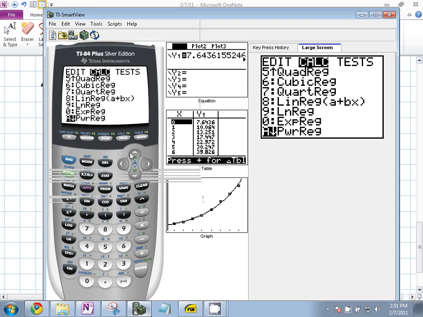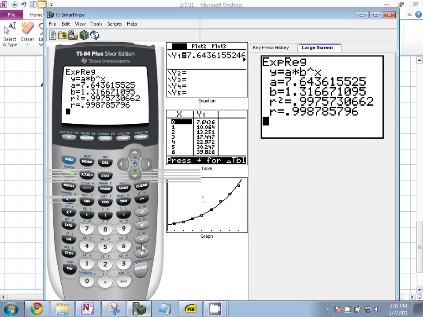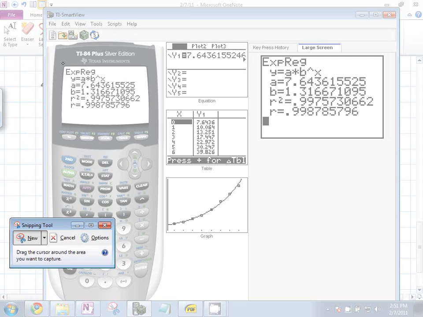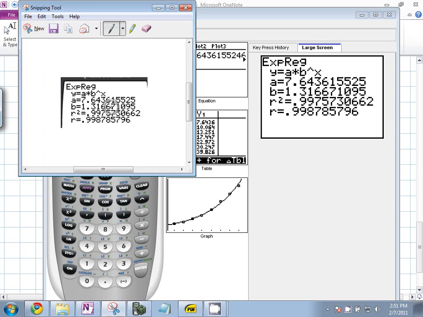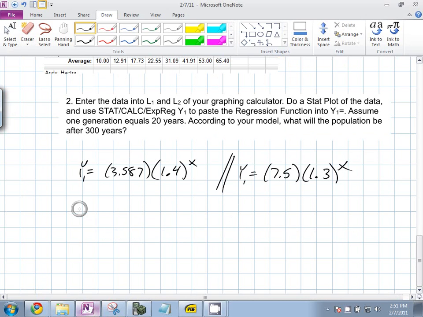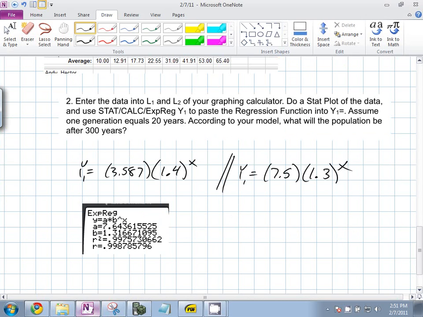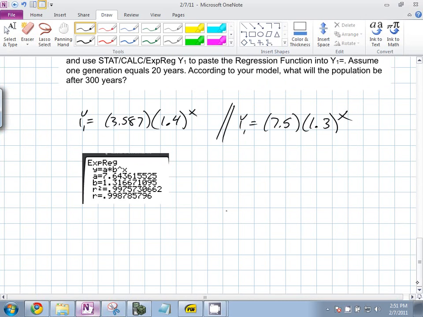There it is. We do expreg. The average comes out to 7.6 times 1.3. But it depends on your data. Mine is close to 7. What's interesting is the reason I did this: I wanted to see how our averages compared to the actual data set modeling, to see what the variance is like.